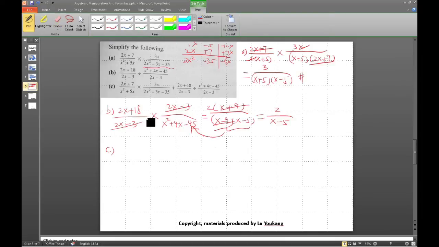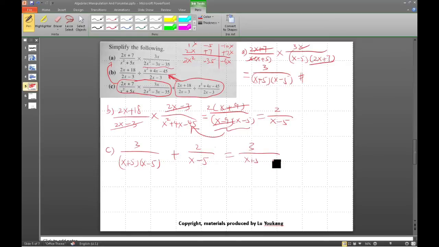The multiplication of the first two terms is actually part A. Therefore 3 over bracket x plus 5 bracket x minus 5 is the result of multiplying these two terms. The last two terms are actually question part B, so I will take the answer from part B. So I have 2 over x minus 5 for part B.